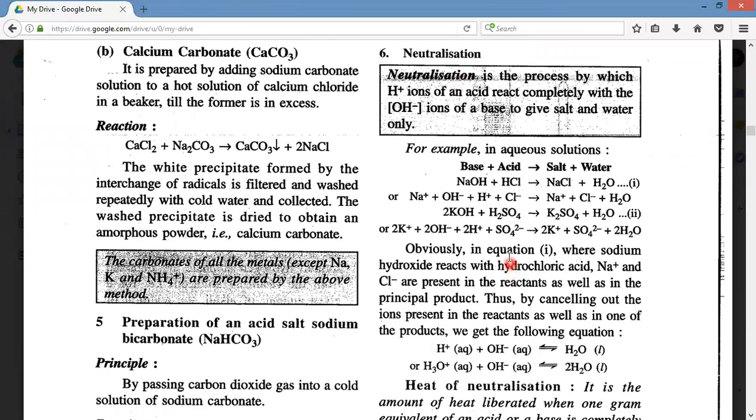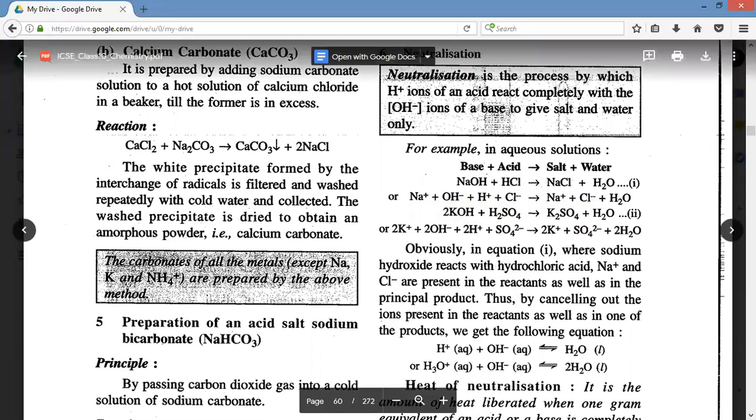The common thing in those salts is seen under the ionic equation. Kindly check the ionic equation of sodium hydroxide. Na positive, OH negative, H positive, Cl negative give rise to Na positive, Cl negative with water. Check the reactant and product side, both Na positive and Cl negative are present. We cancel them. Afterward, we get OH negative plus H positive giving rise to water.